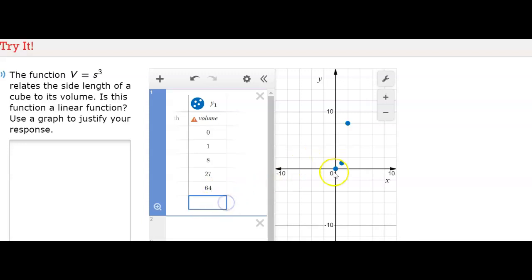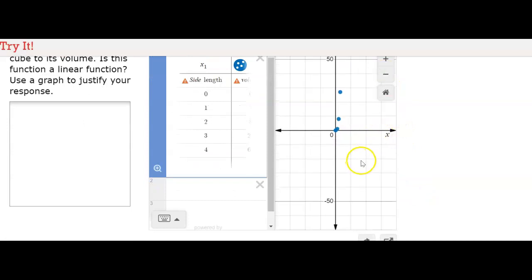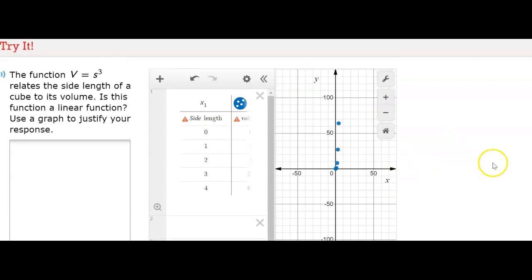Okay, it's gone to a point where I zoomed out a little bit so you can see some of the points. Creating this table allowed the points to be plotted on the graph. Now, if we look at this graph, the first thing we notice is it's not a straight line.